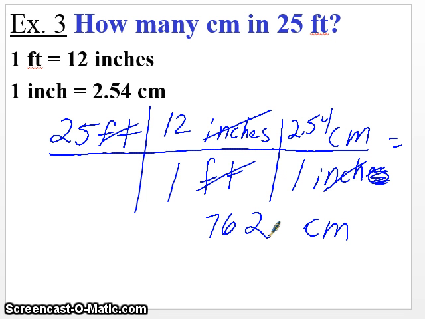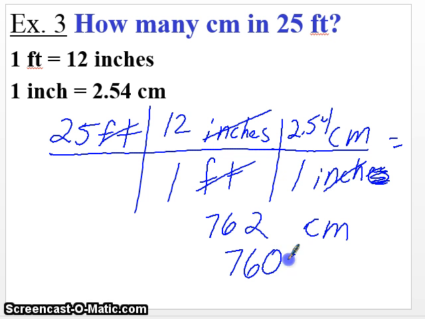Now, I'm looking at my starting number and I see that I have 25, which only has 2 digits, and my answer has 3. We should know about significant figures by this time. So since my starting number only has 2 digits, my ending number can only have 2. So I'm going to change it to 760.